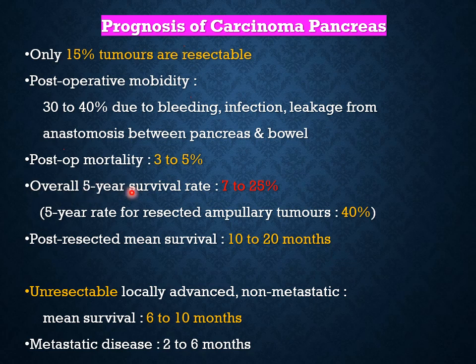The overall 5-year survival rate in these patients after the major operation is 7 to 25%. Okay, in fact, in most centers it will be more towards the 7. Post-resection mean survival for these patients is 10 to 20 months.